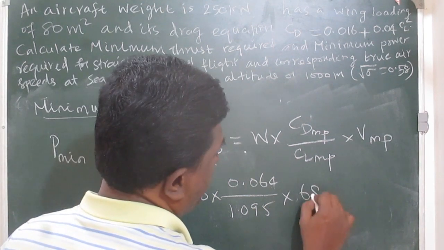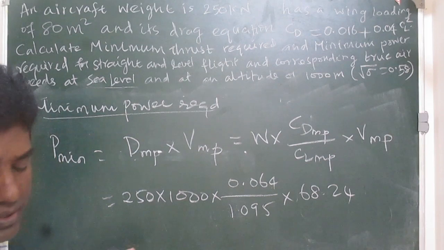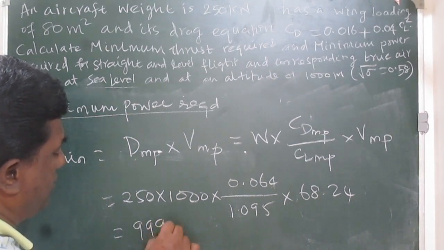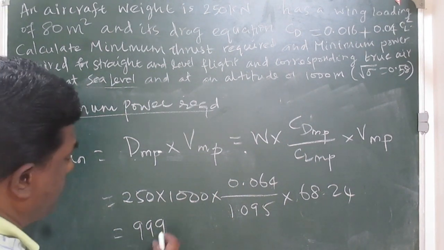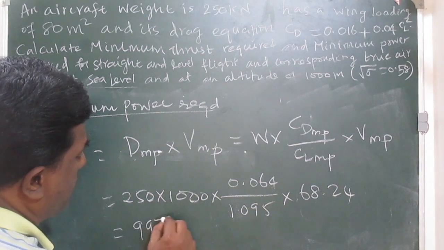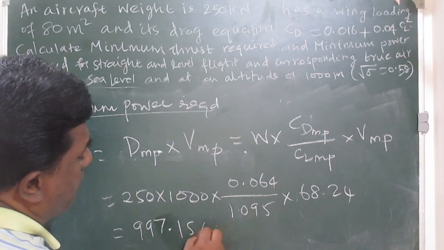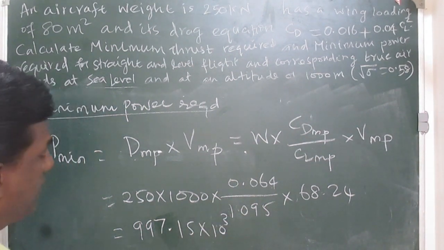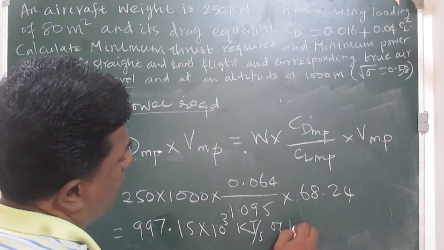So this value comes around 997.15 into 10 to the power of 3 kilojoule per second, or kilowatt.